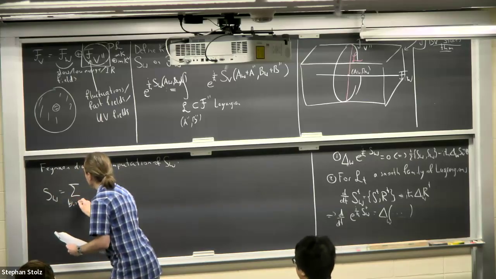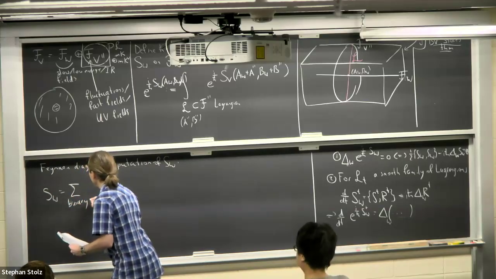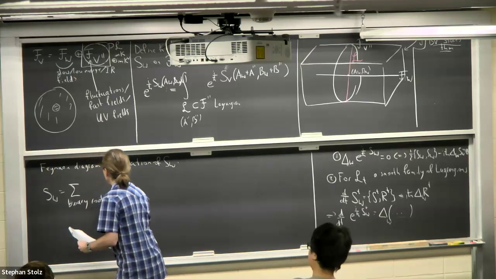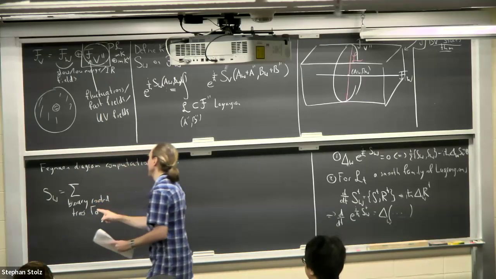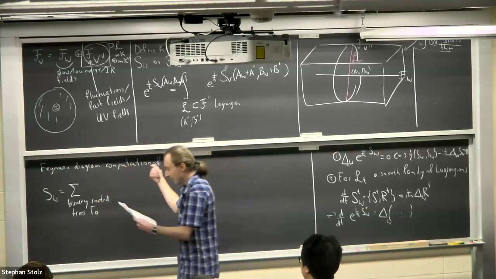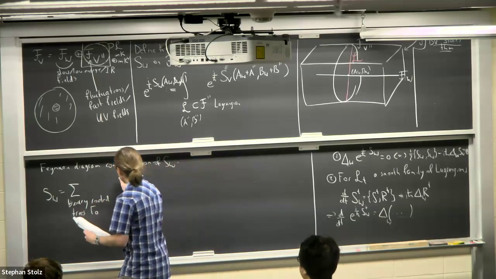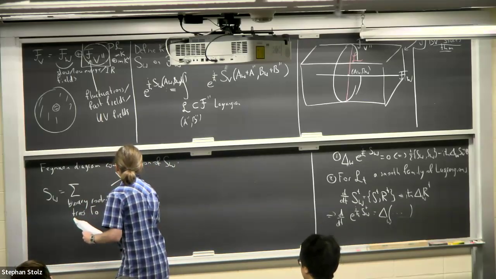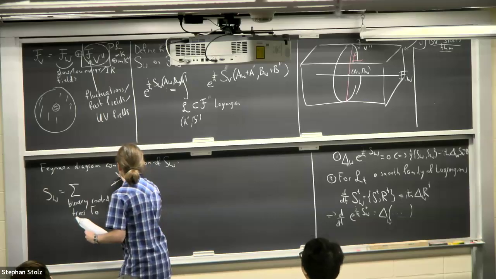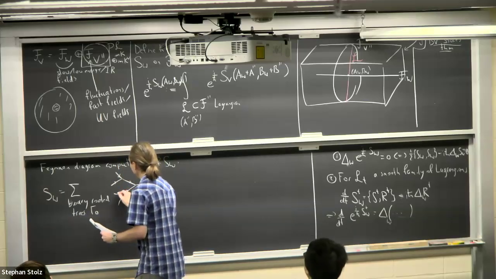binary rooted trees. Let me call them gamma, with a zero for the fact that they have zero roots. Okay, and then let me draw some kind of sample tree here. I orient them towards the root.